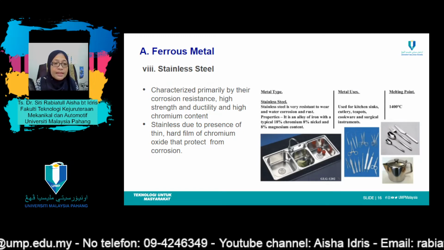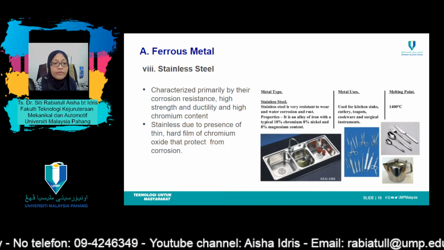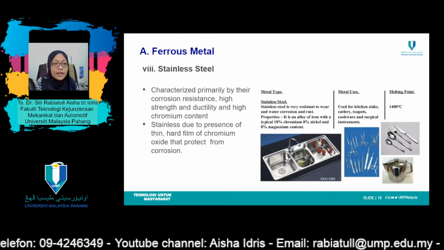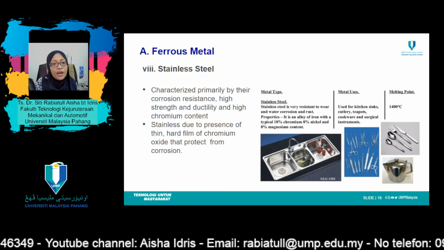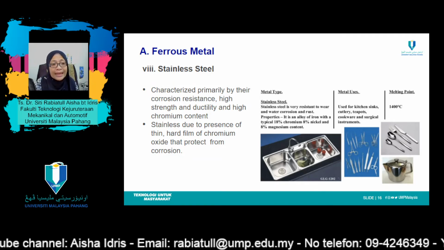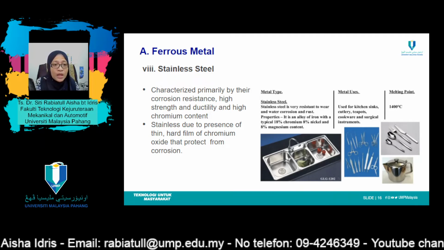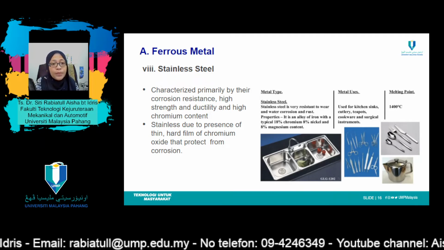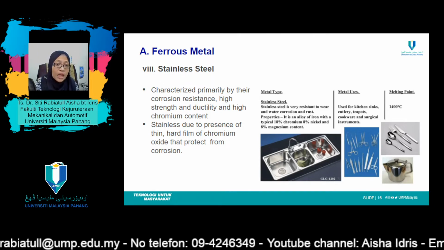The stainless steels are highly resistant to corrosion in a variety of environments, especially the ambient atmosphere. Their predominant alloying element is chromium. A concentration of at least 11% chromium is required. Corrosion resistance may also be enhanced by nickel and molybdenum additions.